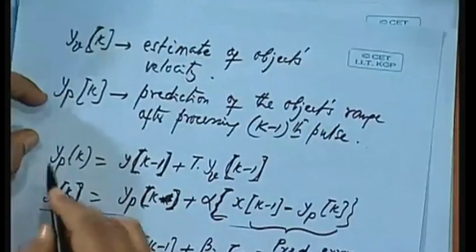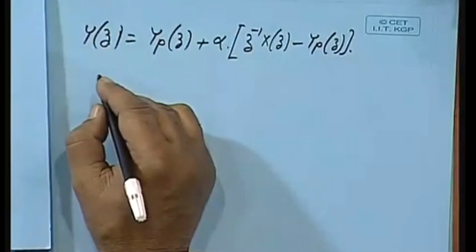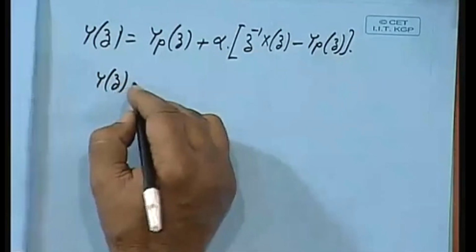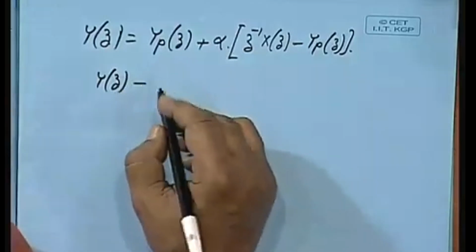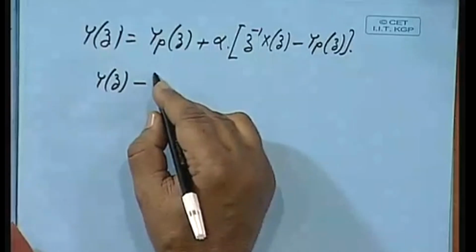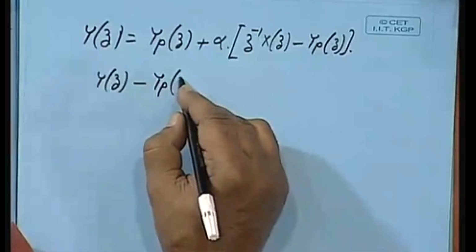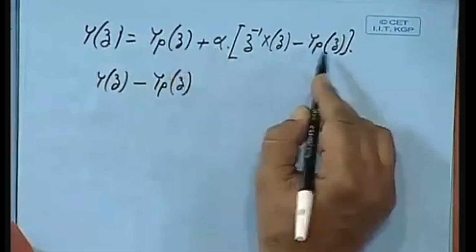Similarly, the first equation here will give me YPZ. Okay, let me arrange these. It will be YZ minus YPZ into 1 minus alpha.